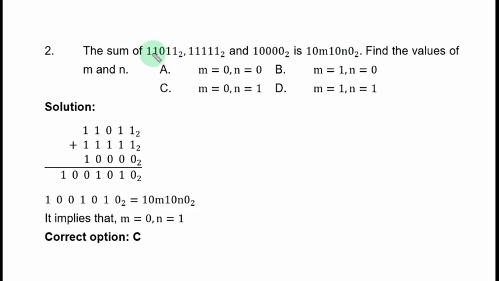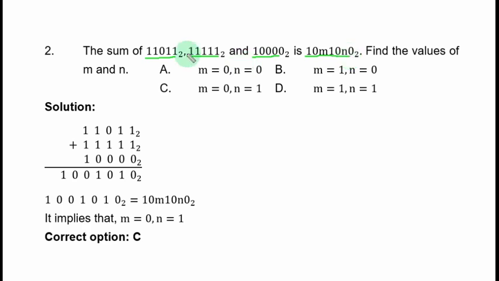Question 2. The sum of 11011 base 2, 11111 base 2, and 10000 base 2 is 10m1n0 in base 2. Find the values of m and n.